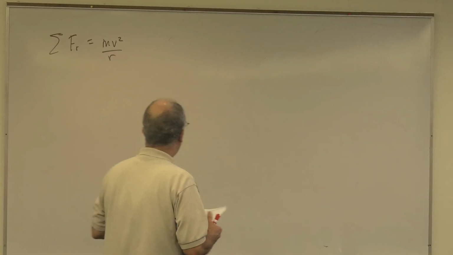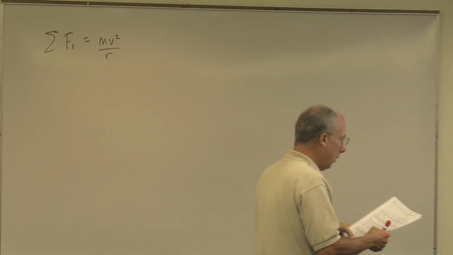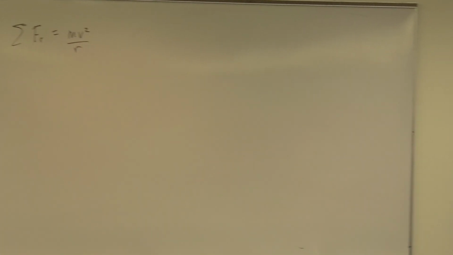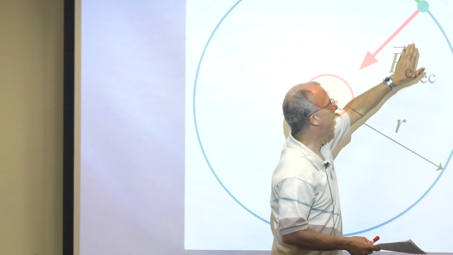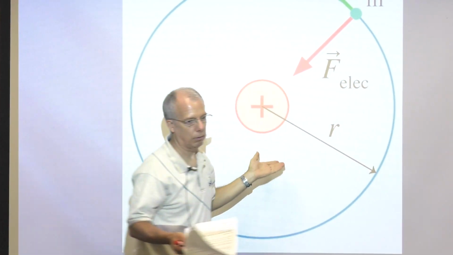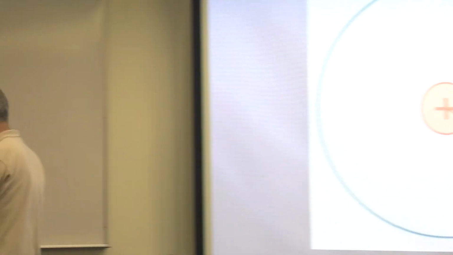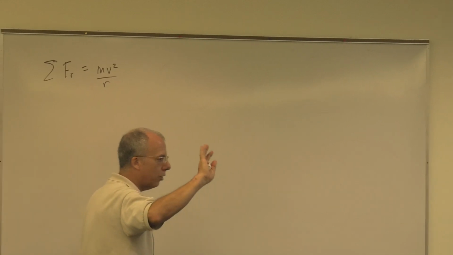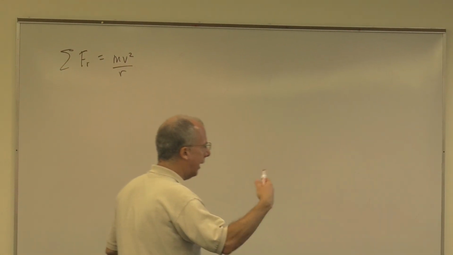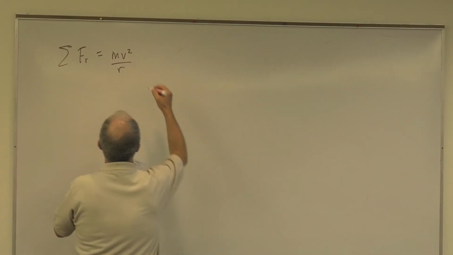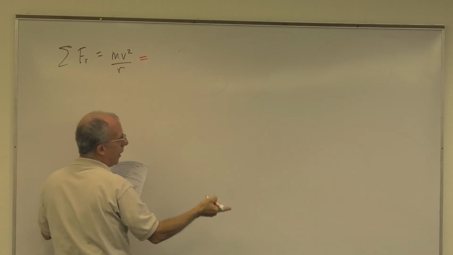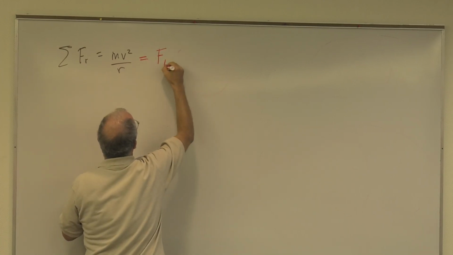Electric, magnetic. So what's the force between a positive proton and a negative electron? It's obviously the electrical force. If you didn't have Physics 220, don't worry about it, I'm just going to give you the answer. There's only one radial force, and it's the electrical force.